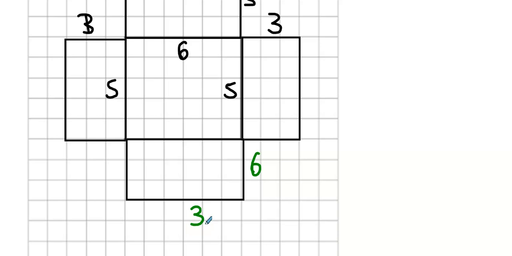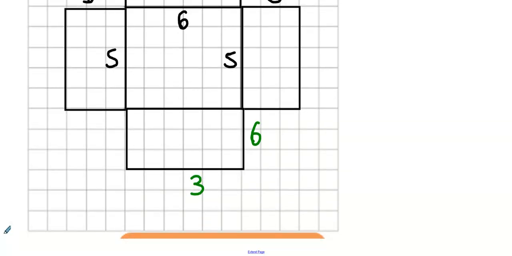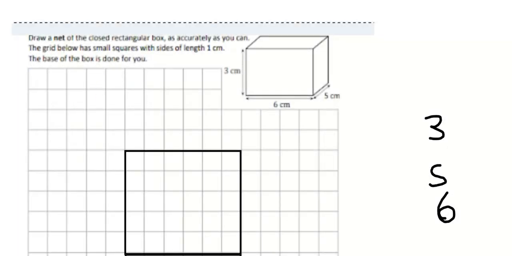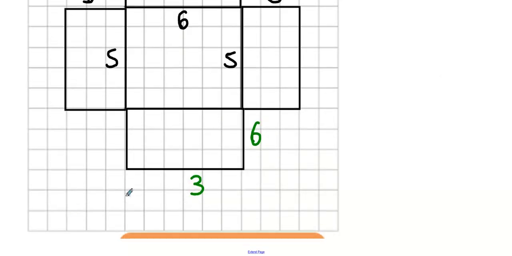So, guys, you all listen. The hardest answer to this is going to be the surface area, isn't it? The question is going to ask you for the surface area. Okay. So here we go. Surface area is the area of all 6 sides.